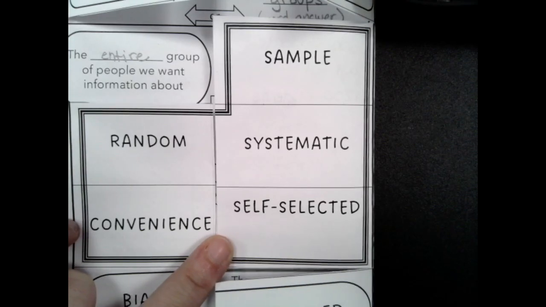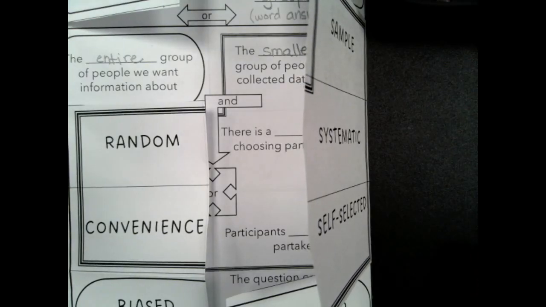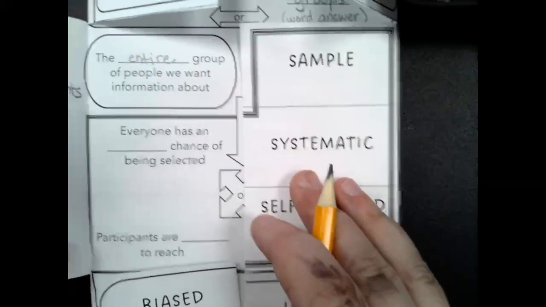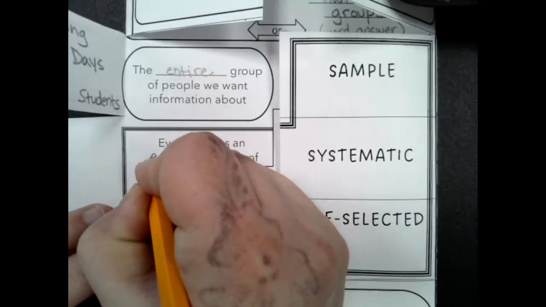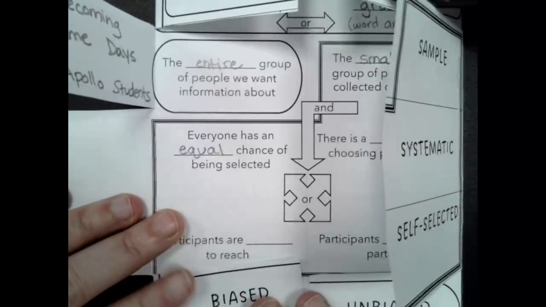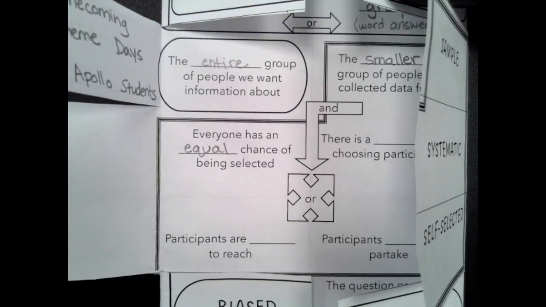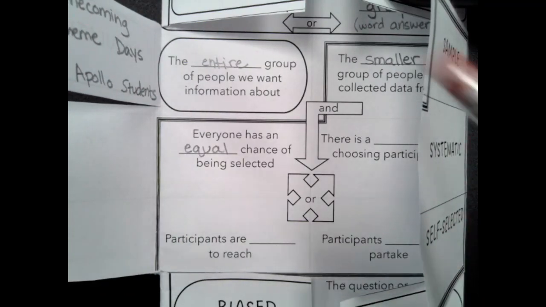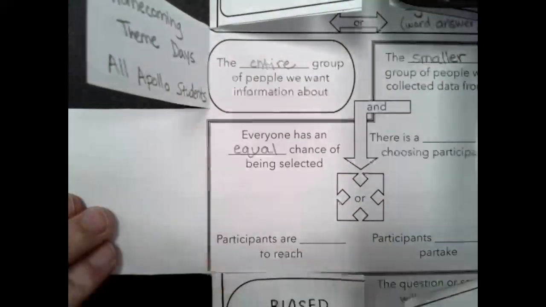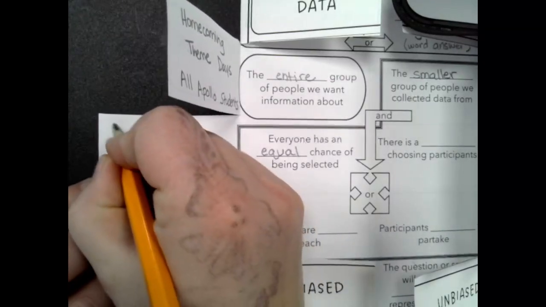Okay, so for random, what do you think random means? It means everyone has an equal chance of being selected. It's random. So we're sticking with this Apollo theme. A way for us to do this would be if we had a computer generating a list of names or student IDs.